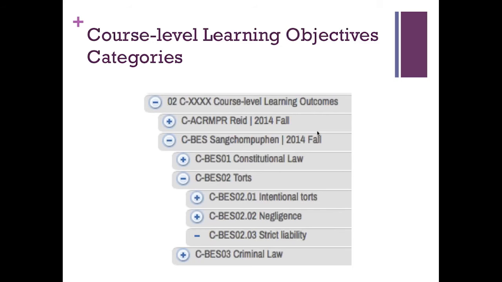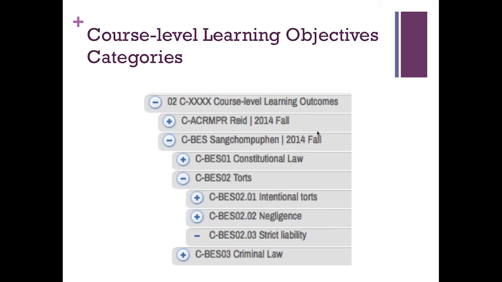Similarly, one of my course learning objectives is that students know negligence. And by expanding that plus sign next to C-BES, Bar Exam Skills 02.02 negligence, you'll see the children under that with individual entries for duty, breach, causation, and damages.